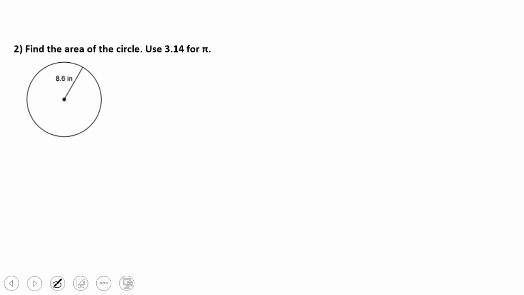Find the area of the circle using 3.14 for pi. And again, we remind ourselves area is equal to pi times the radius squared. We plug and chug. 3.14 they said to use for pi. And our radius for this circle, whoa, it's already given to us. They say it's 8.6. And we're going to square that.